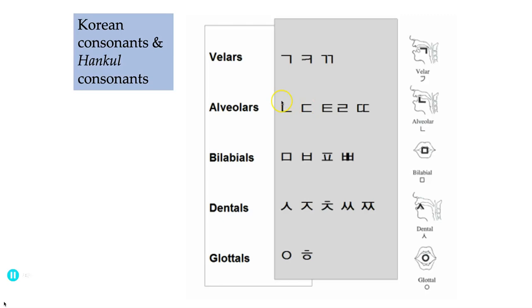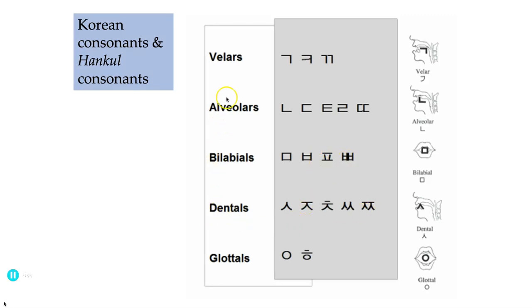You have a similar shape, and by adding one more stroke, you have a different sound, and by doubling the same letter, you have a tense sound. And all of these are bilabial sounds, all the sounds occurring around your lips. M sound, P, adding more stroke, B sound, tense sound.